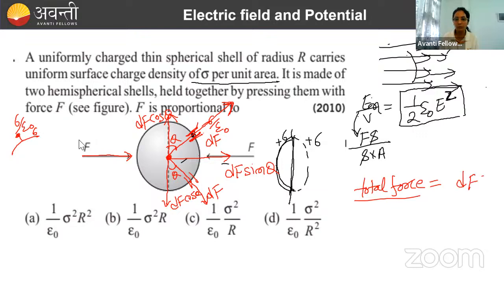That will be your dF sine theta. Then it will be this. Now this dF can be written as what? Here, if pressure acting is P, and if this small area is dS, then dF can be written as what?